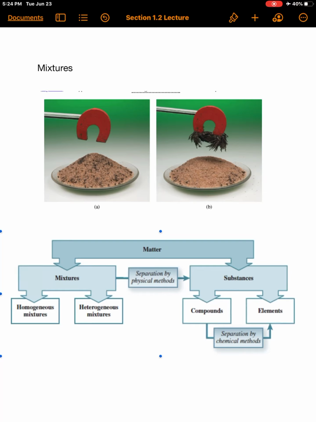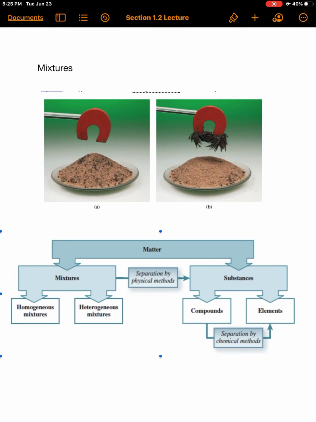So homogeneous is where they're mixed so well you cannot see that they are a mixture. So for example, seawater. Can you see the salt that's in seawater? You can't, right? It's so well mixed that you can't tell the difference, that there's salt and there's water in there. So we would call that a homogeneous mixture.